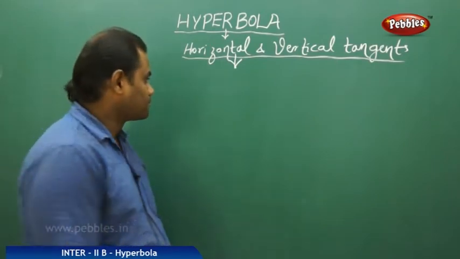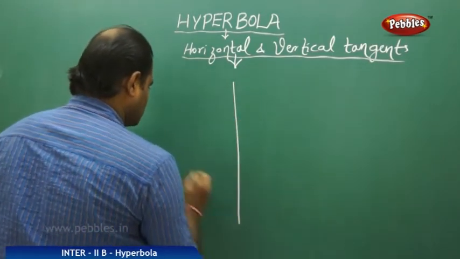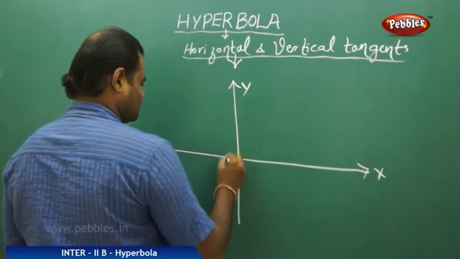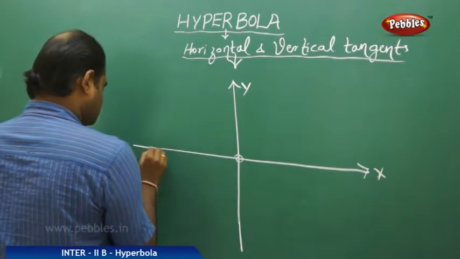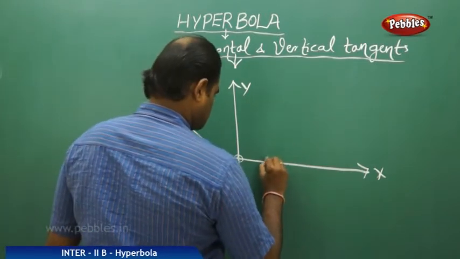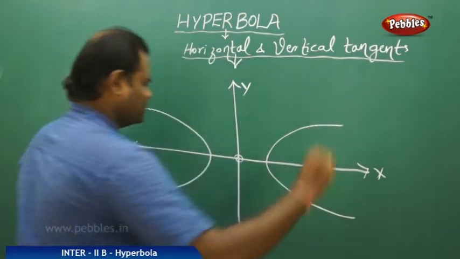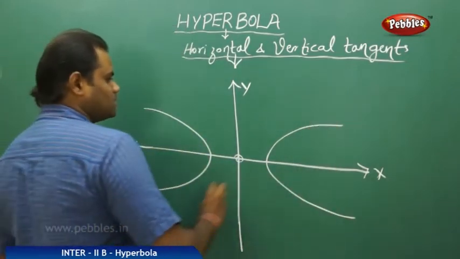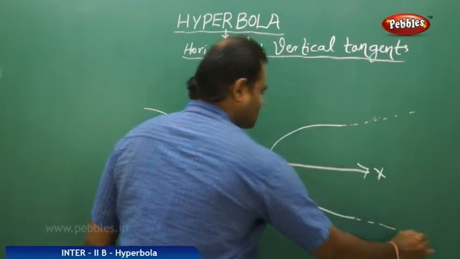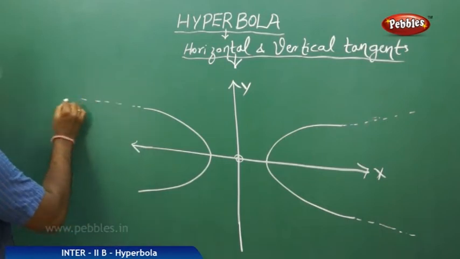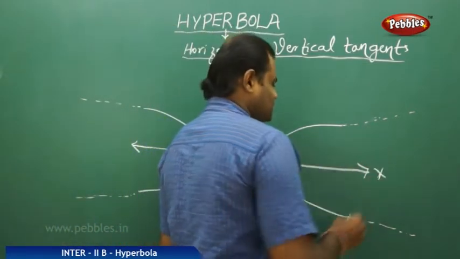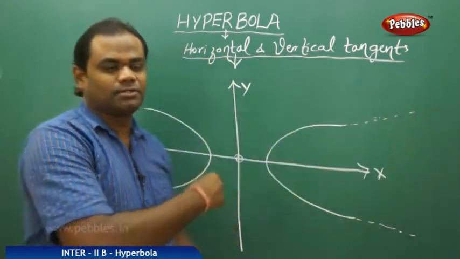for the hyperbola. Say for example, I have the standard equation of hyperbola in this form. Now we see that this extends till infinity out here on the left, and on the right here, is how we see the hyperbola extending outwards.